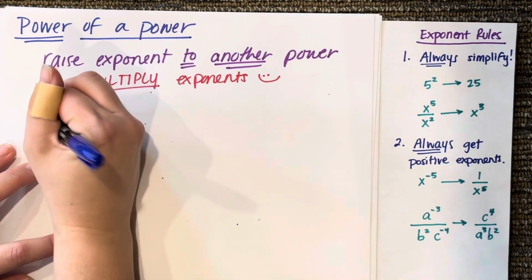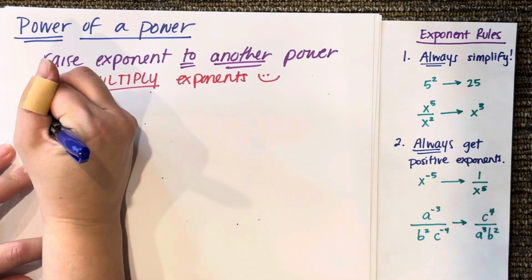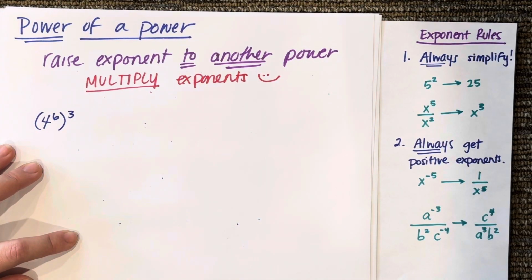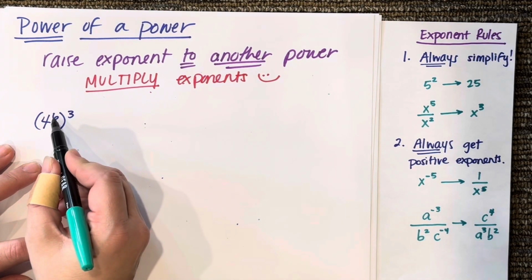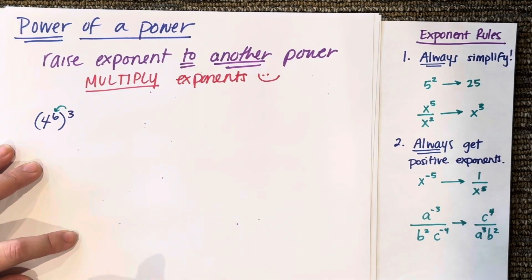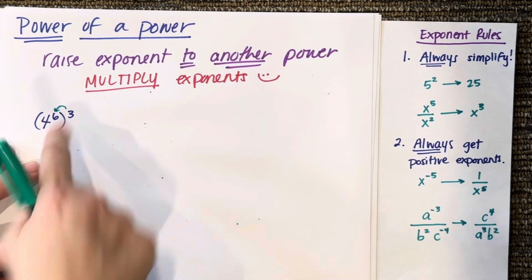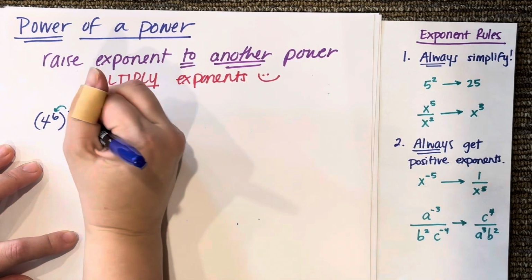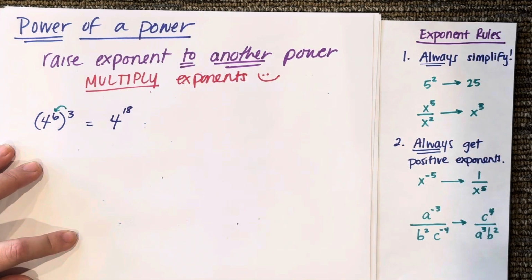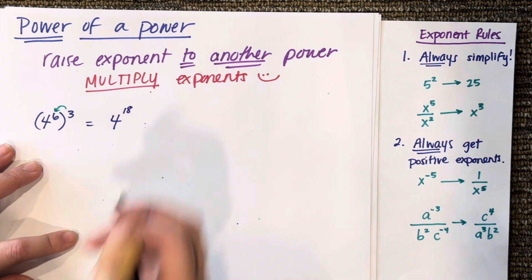So if I had 4 to the 6th power raised to the 3rd power, okay, so I'm taking this exponent and I'm raising it to another one, I'm going to multiply those two exponents together. So this would be 4 to the 18th power. 6 times 3 is 18.